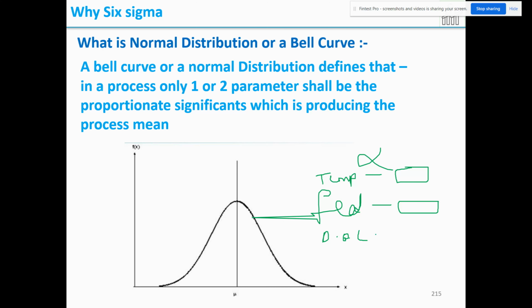Depth of cut also is a proportionate parameter for creating the diameter. That means in all these three parameters, keeping two constant, even if you vary one, the diameter will change. That means all these three parameters are proportionate parameters which are responsible to create the diameter 4 mm, whatever is required.